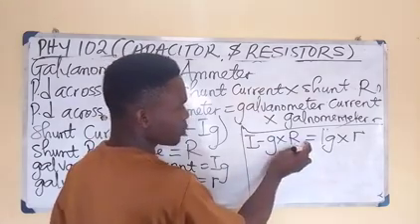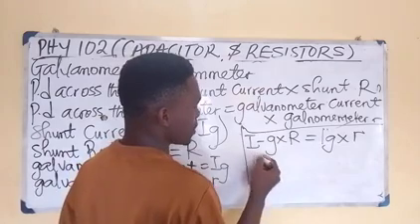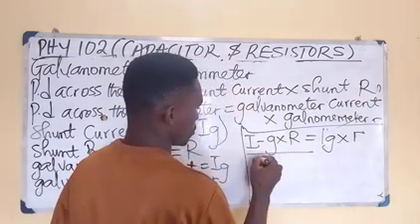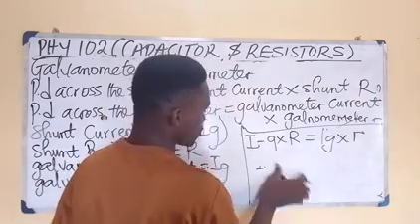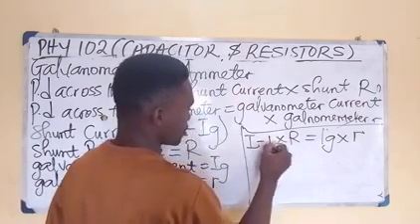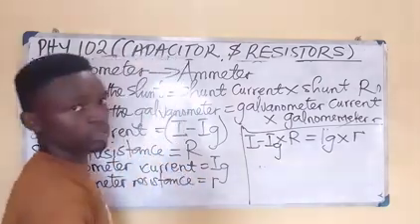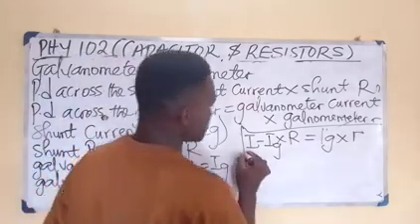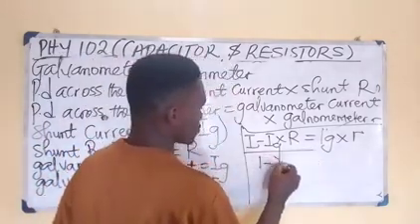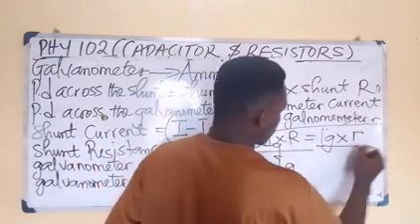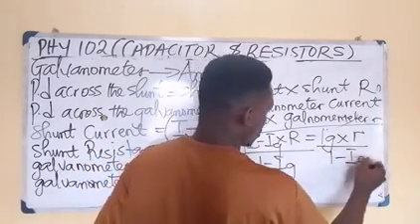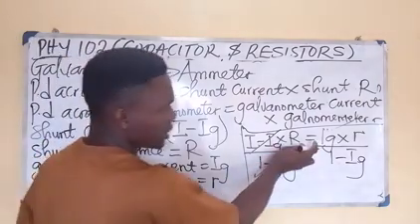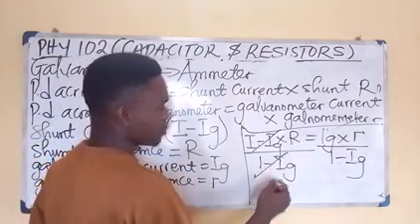I want the shunt resistance to stand alone, so I divide both sides by I minus Ig.